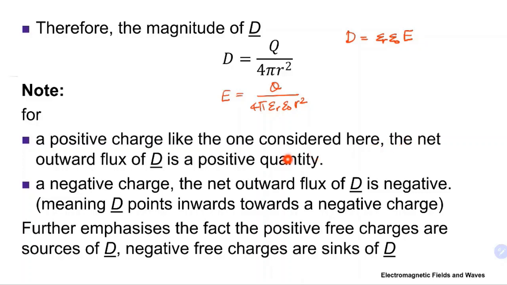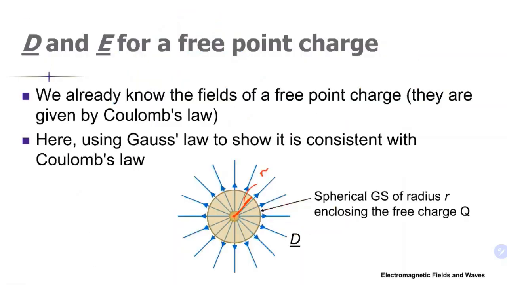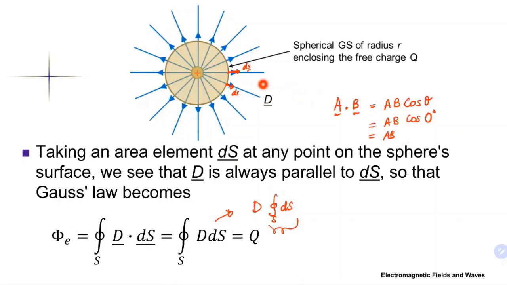Okay, there are some notes here. For a positive charge like the one we consider here, the net outward flux D is a positive quantity. So D equals a positive value if Q is positive. What this tells you is that there's a net positive charge, or there's a net outward flux that flows out from a Gaussian surface. In this case, D lines are pointing outwards from the Gaussian surface.